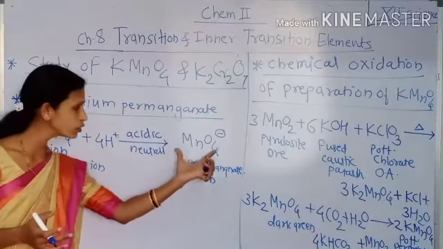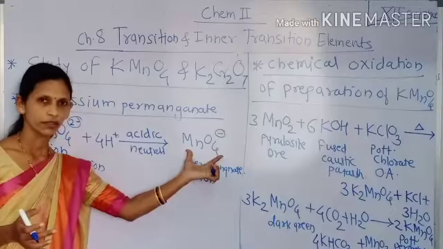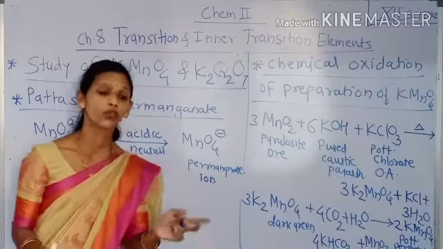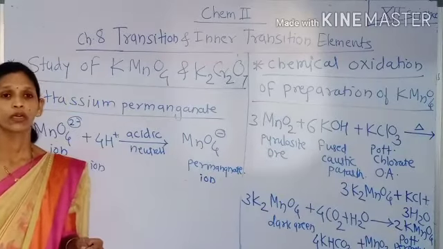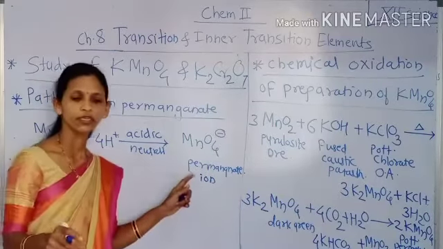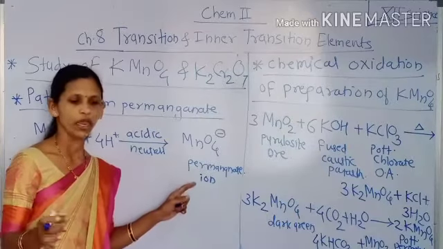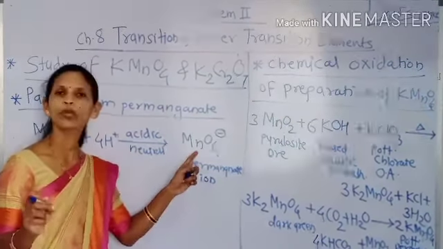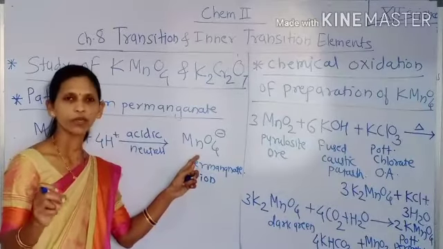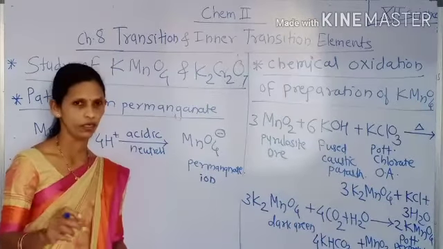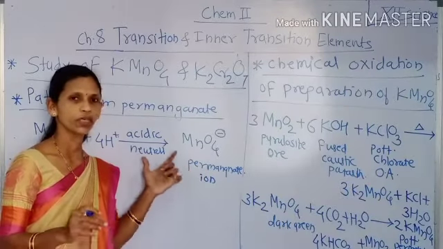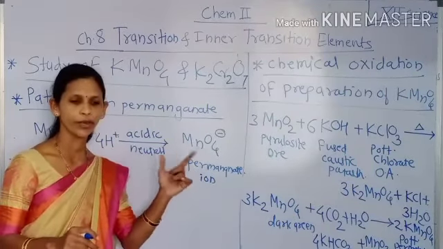Then the resultant deep purple color solution is filtered through glass wool or sintered glass, and it is evaporated, and crystals of deep purple potassium permanganate are obtained here.